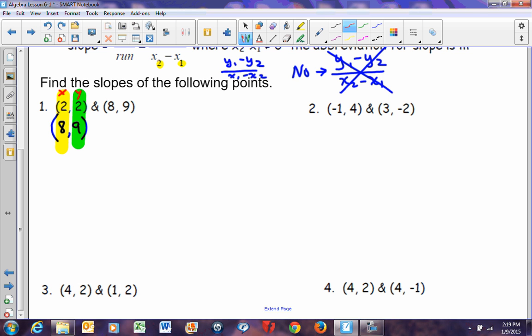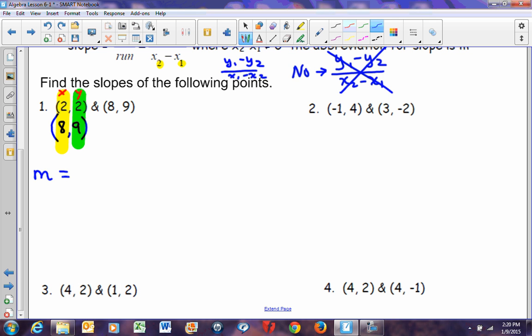So I can very easily figure out the slope of my points by using the change in y over the change in x. I have a tendency to like to go from the top to the bottom, so I'm actually going to use y sub 1 minus y sub 2 over x sub 1 minus x sub 2. So to find my slope, the slope is abbreviated with the letter m. I'll explain why in just a minute.